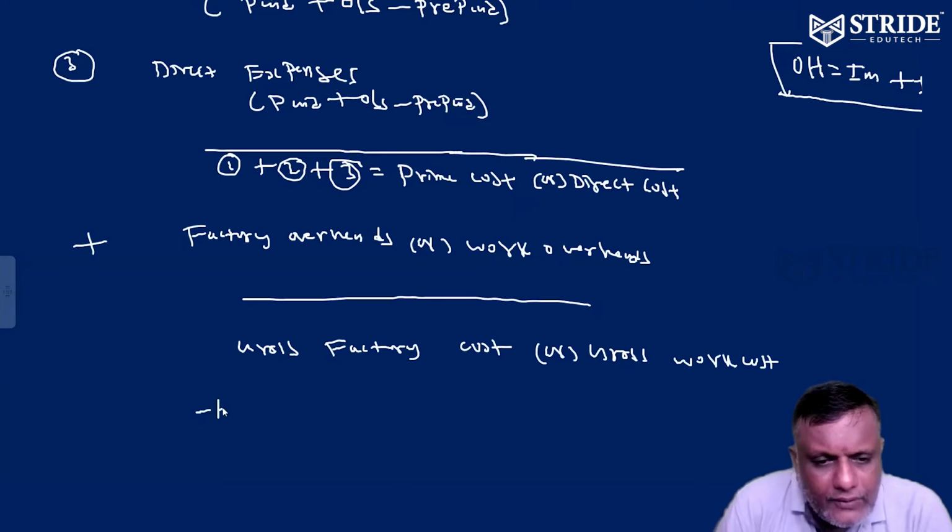Prime cost plus factory overheads is gross factory cost. Please memorize. To this factory cost, add opening work in progress.